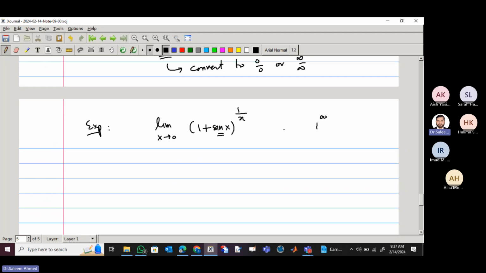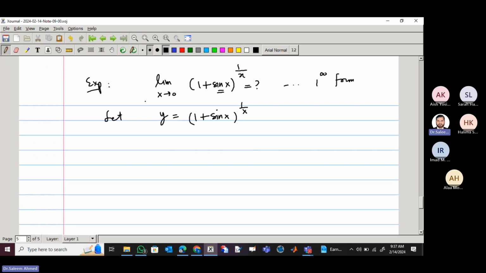So see, this is the 1 to the power infinity form. So what I will do is say that let y be equal to my function, because I have to take the log, and log cannot be taken on one side. So I call this my y. Then what is the question? Then my question is, what is the limit as x goes to 0 of y?